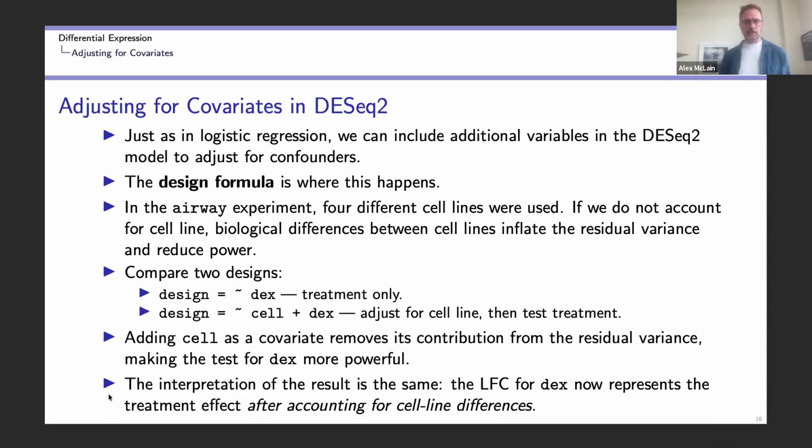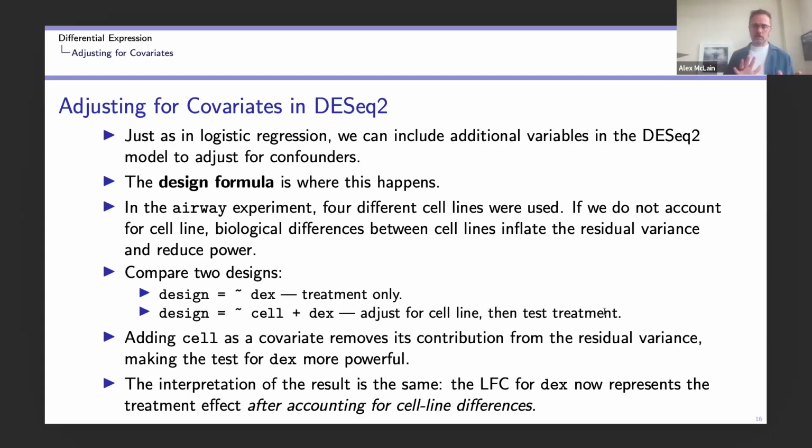How we do that is, when we first created the DESeq2 object, we gave it the design matrix, and we just said DEX in the first analysis we ran. And here we're going to say cell plus DEX, and that tells the function, okay, adjust for cell line, then test the treatment.